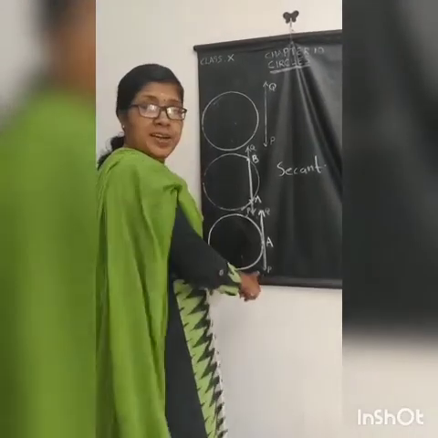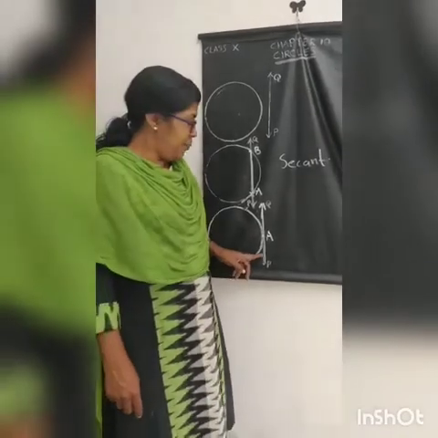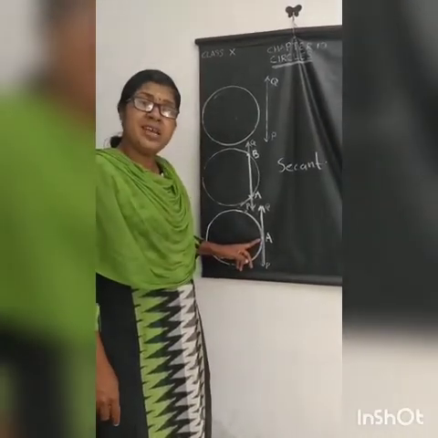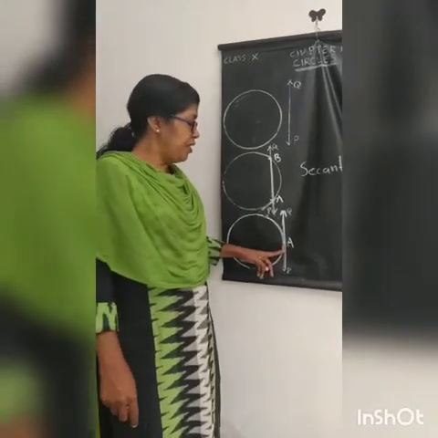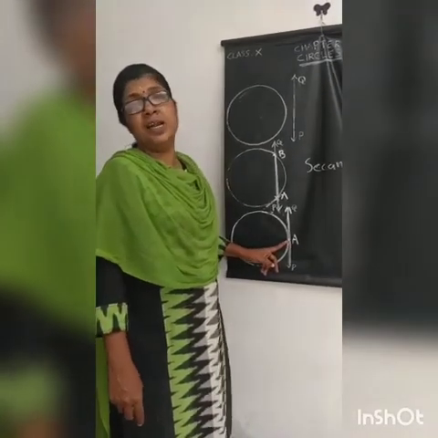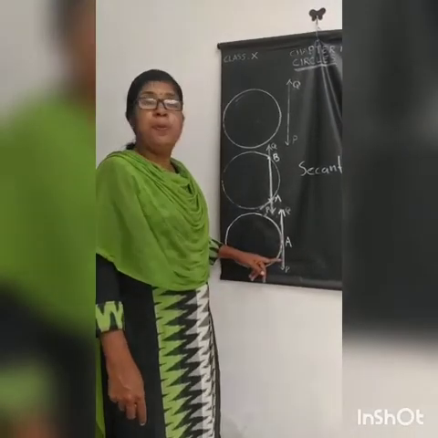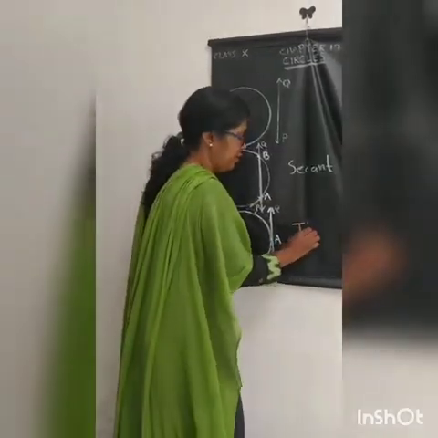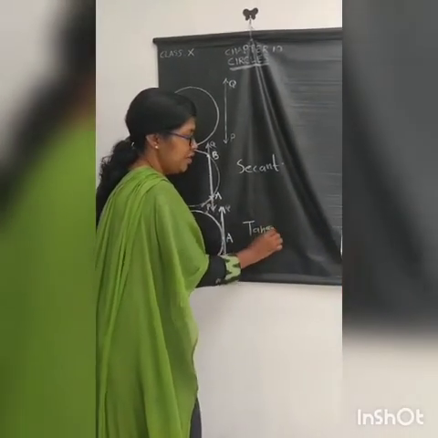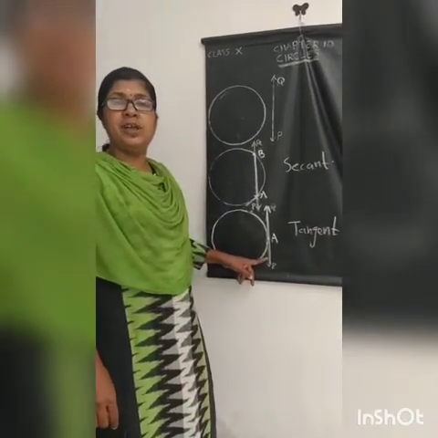Okay? Third case. What is the third case? In the third case, line PQ intersects the circle at only 1 point. That is, only 1 point is common for both the circle and the line. In this case, PQ is called a tangent of the circle. How can we define a tangent of a circle?